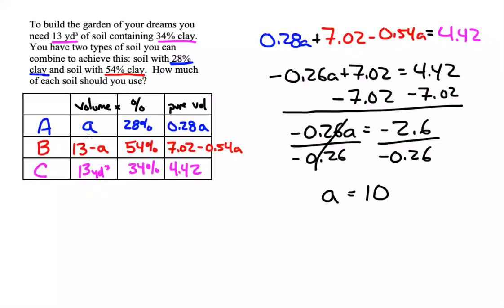So now I know that A, which is the one that is 28% clay, I want 10 cubic yards of.